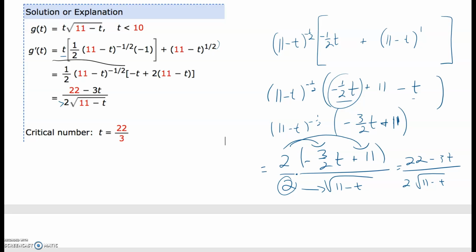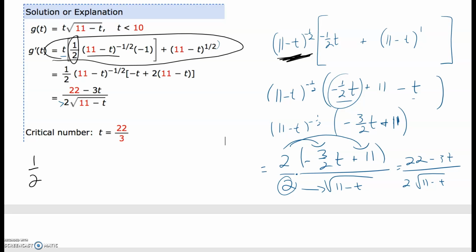If I'm at this step and I say, okay, I'm going to factor out this guy, which I did, but I'm also going to factor out the 1/2. So let's call that 1/2 11 minus t to the negative 1/2, and then let's see what we're left with. Well, if I factored this out and the 1/2 out, then this wouldn't be here, right?